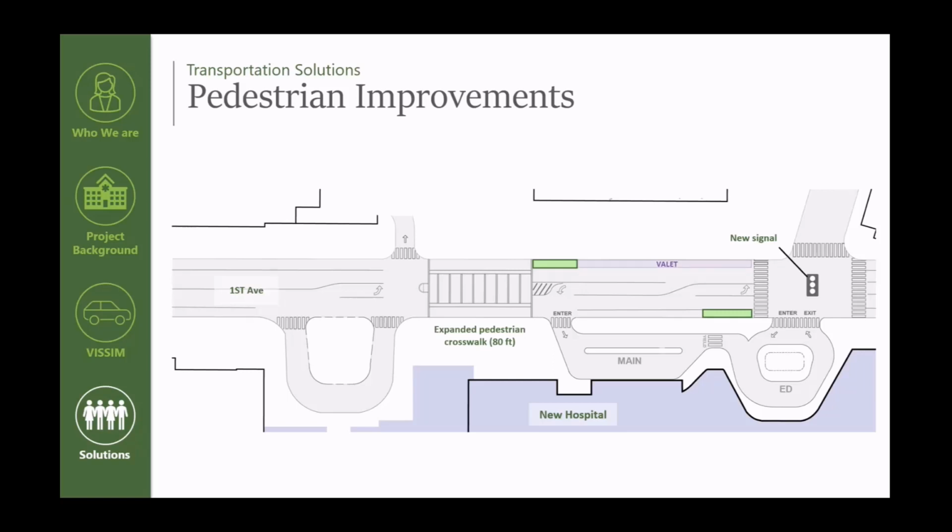Because this is the main pedestrian entrance adjacent to the hospital, with the pedestrian demand that we put into the model, the existing narrower crosswalk, which is typically 11 to 12 feet, left pedestrians queued up and unable to cross the street. So we decided to recommend expanding this crosswalk to 80 feet.